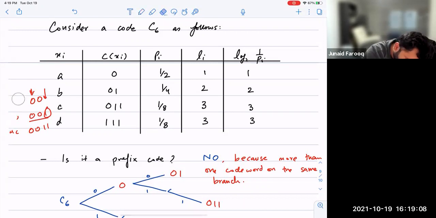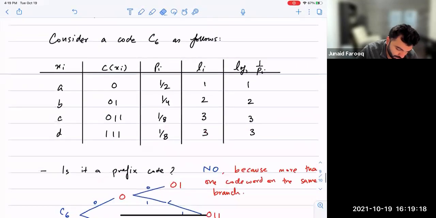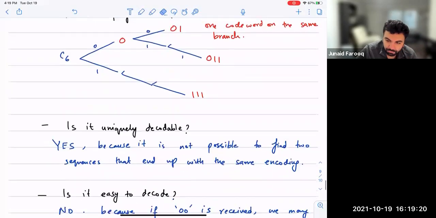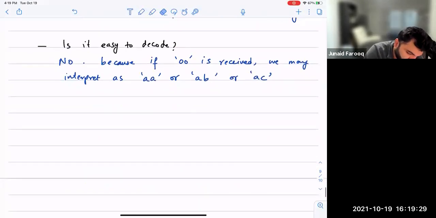So this code is not easy to decode. But interestingly, it still has a nice structure of lengths that's actually equal to the entropy of that source. Now, the question is, what is the limit imposed by unique decodability?